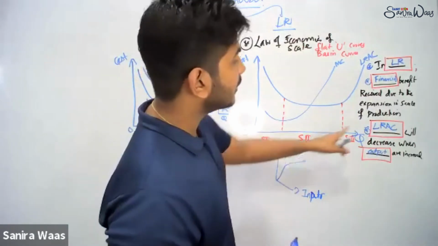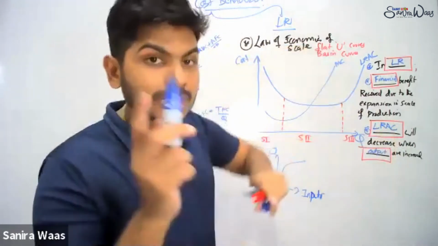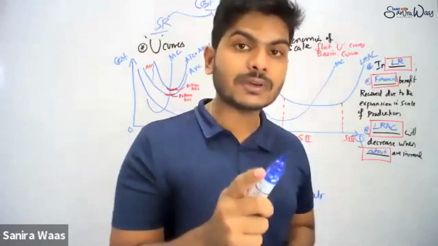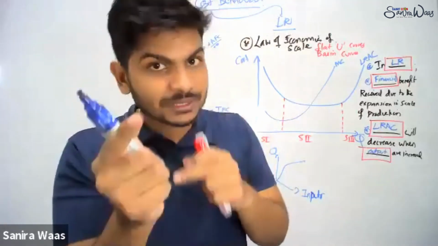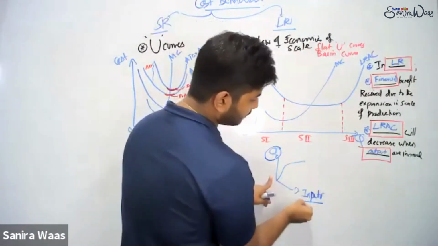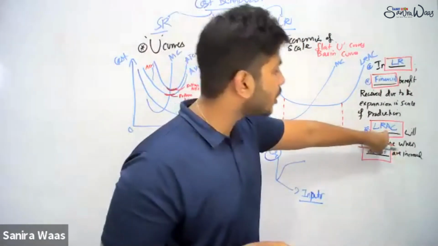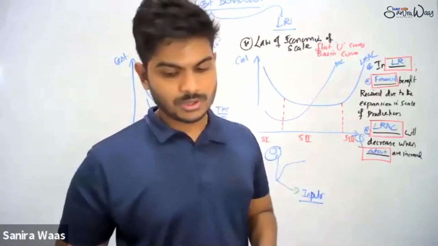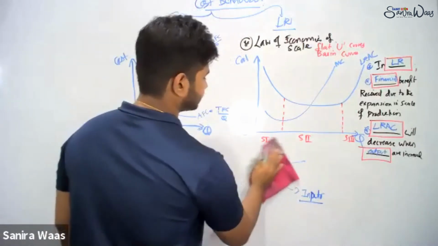But here we use cost and output. That is the difference between economies of scale and returns to scale. That's why we can't use cost curves to represent returns to scale, because returns to scale is all about outputs and inputs. Only economies of scale use cost and output. That is the point we need to learn. Why do we learn these separately?